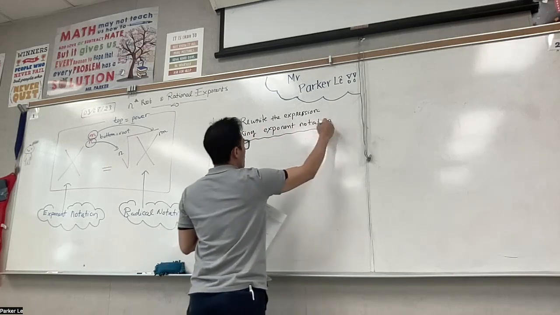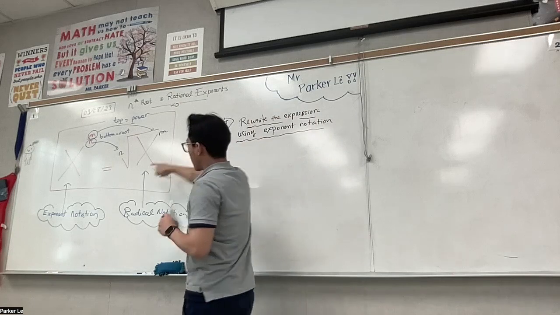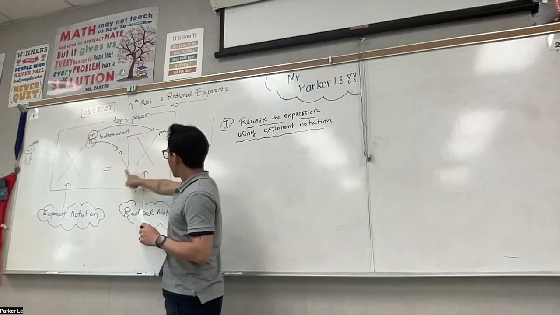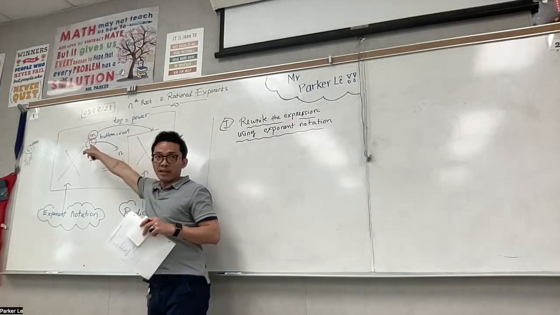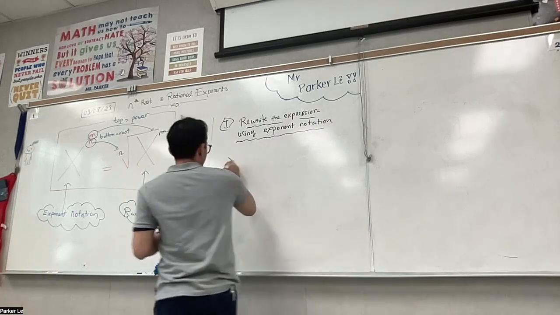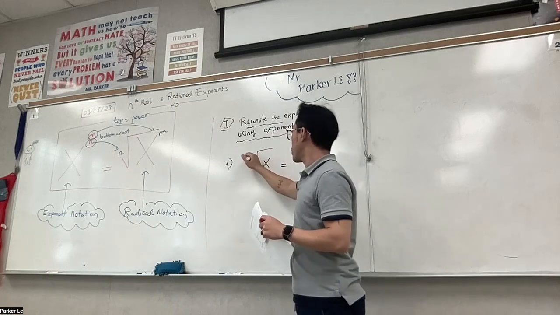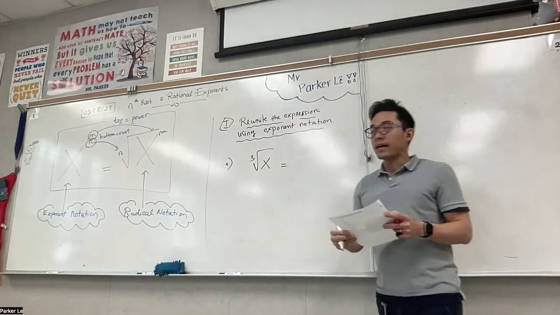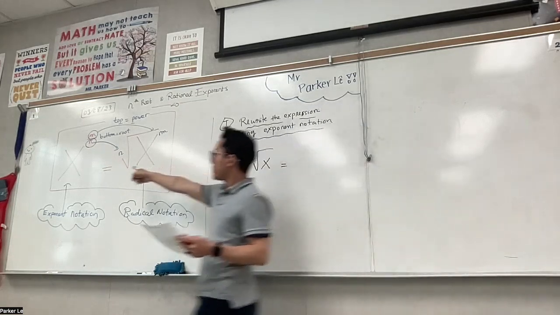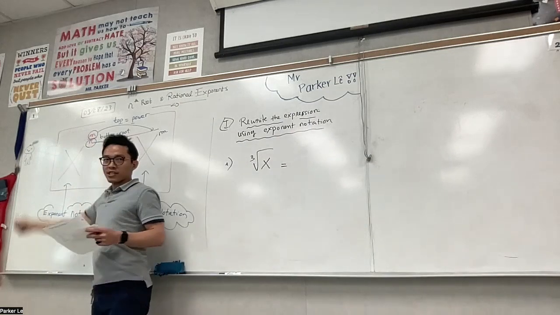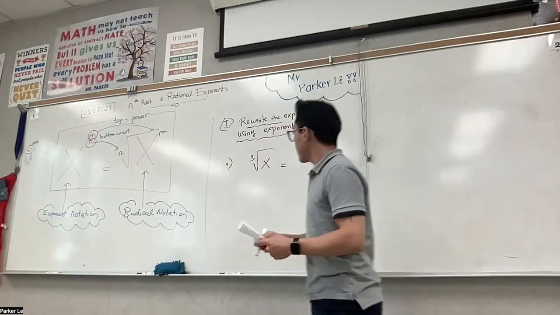That means you're gonna convert the radical into a fraction. For example, if I give you the cube root of x, can you convert this into exponent notation? We're gonna do it together.